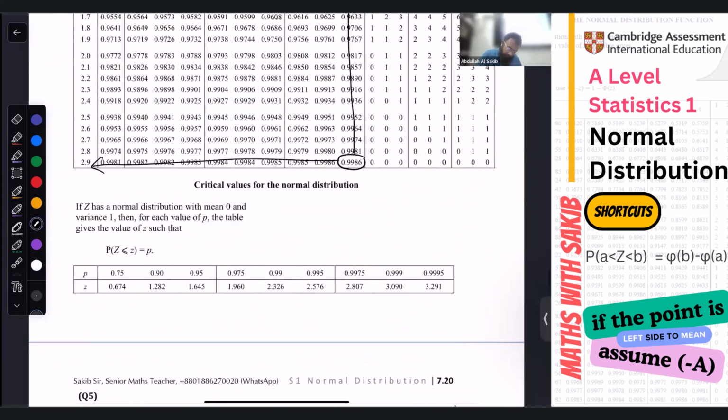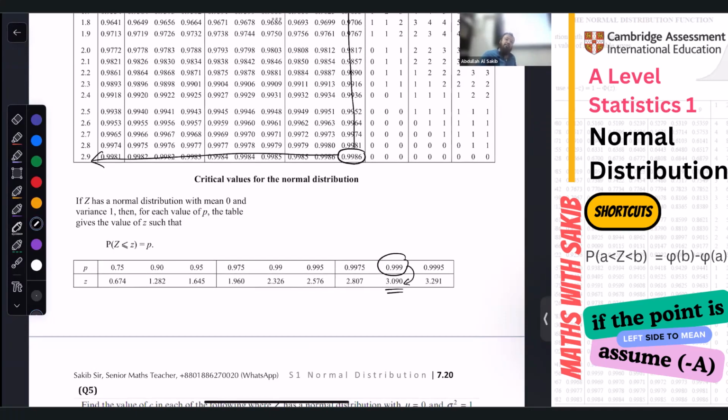So the probability is 0.999. This is our probability. Clear? Some critical values are given here. So the probability is 0.999 and for that Z is 3.090. Clear?